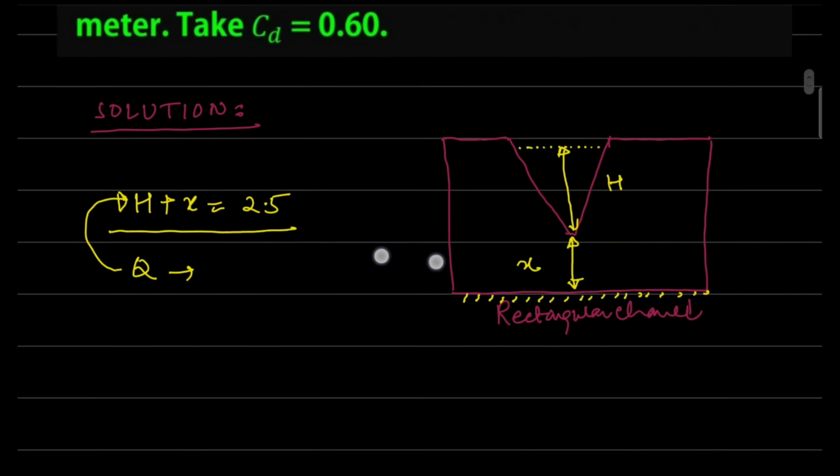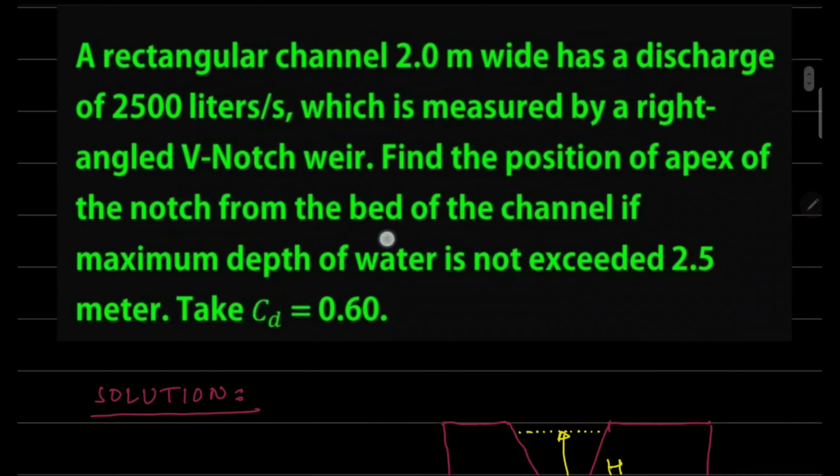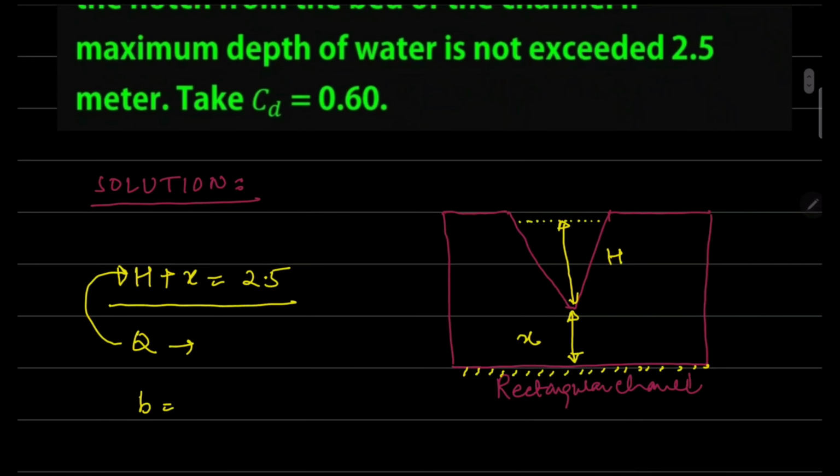So let's start with this one. The channel width is given to us, rectangular channel width b is equal to 2 meter. So this channel is 2 meter wide, which is not required in any place during the solution of this problem.